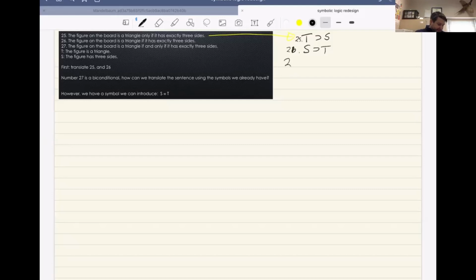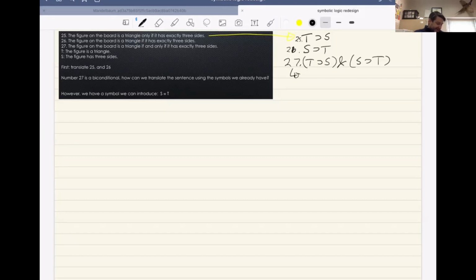Now, what about 27? This says the figure on the board is a triangle if and only if it has exactly three sides. So we could translate this as follows. The figure on the board is a triangle only if it has three sides, and if the figure on the board has three sides, then it is a triangle. But we're actually given a separate way of representing this complex statement, and that is through a biconditional.